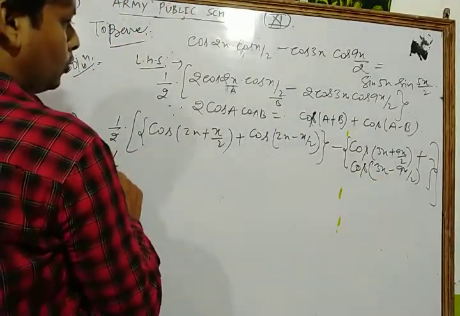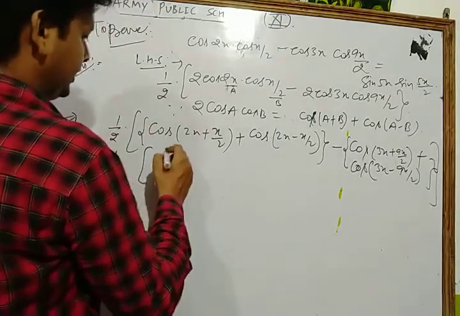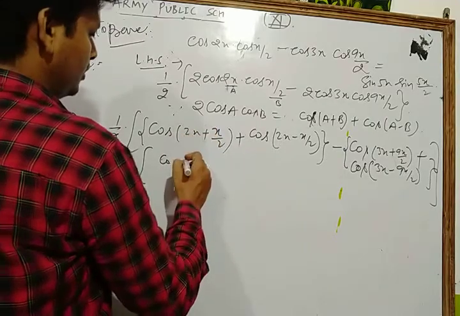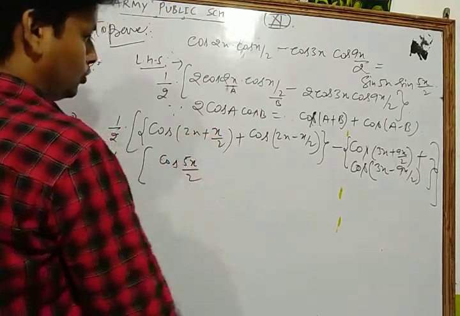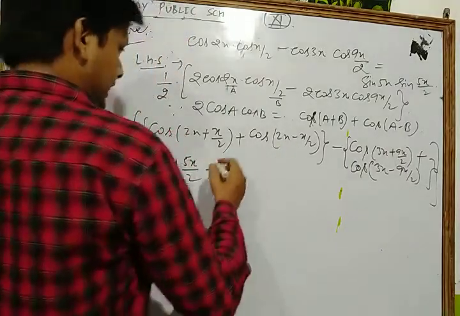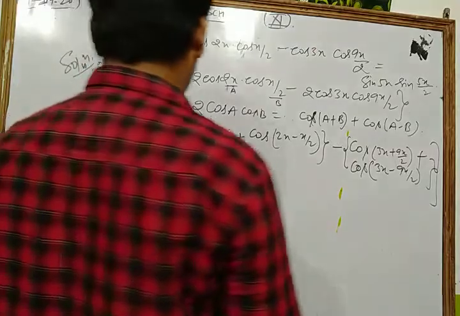Now let's see, 1 by 2. Here what I get? Cos 5x by 2. Okay, here what I get? Cos 3x by 2. Okay, now let's see.